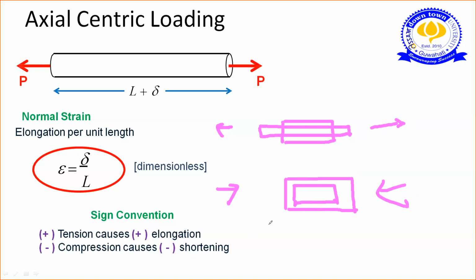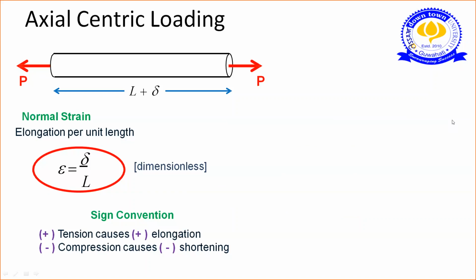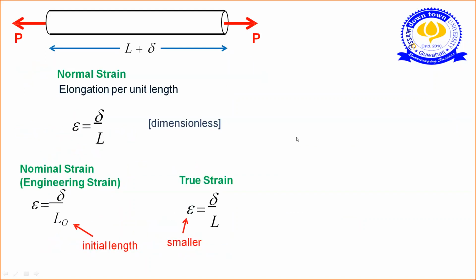Here the structure elongated, here the structure becomes short. So for shortening, this compression causes shortening, we'll use the sign convention of negative. When we pull out the structure, it gets tensed, then there will be an elongation, and we'll use the sign convention of positive.